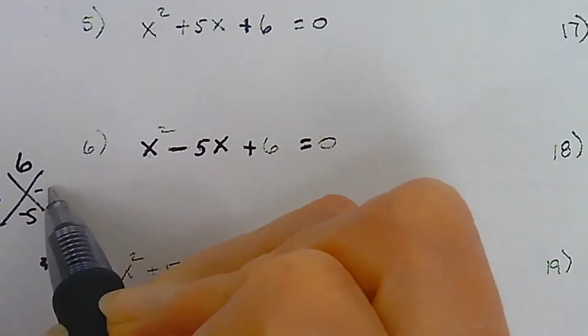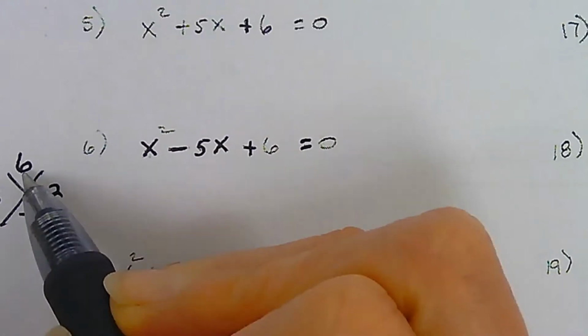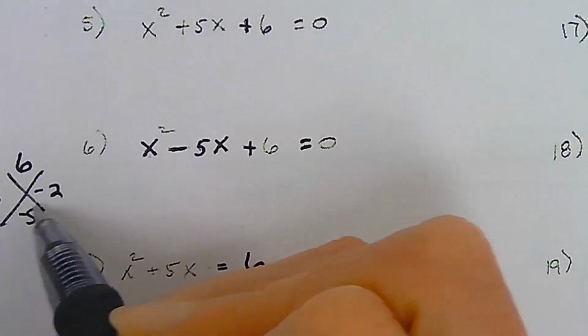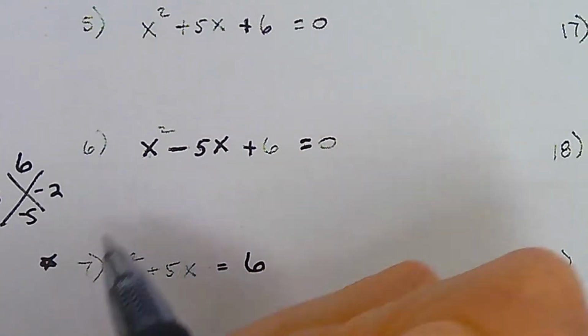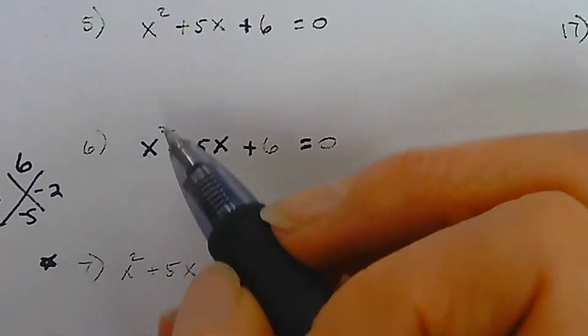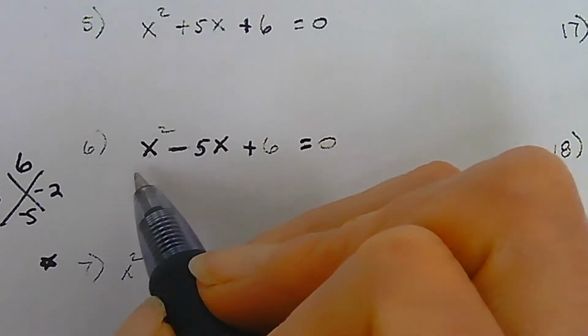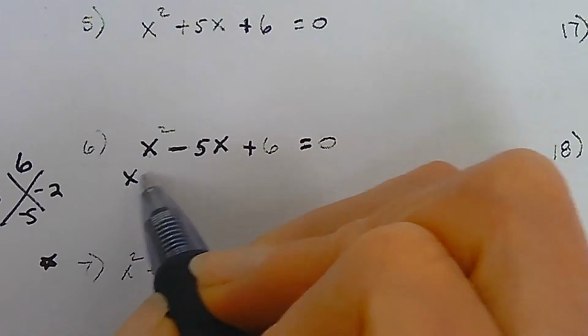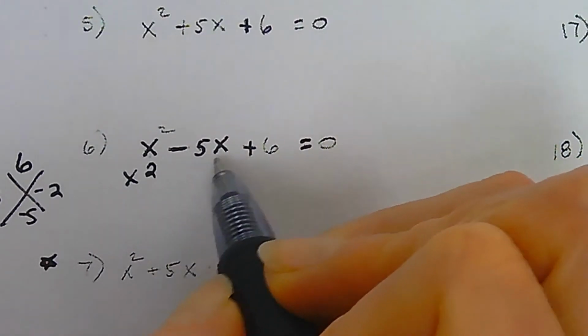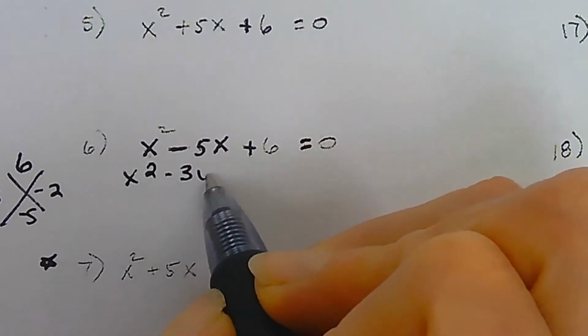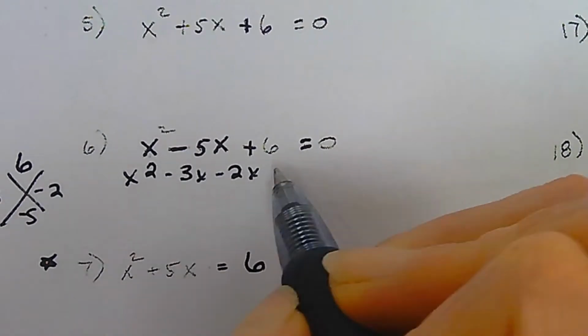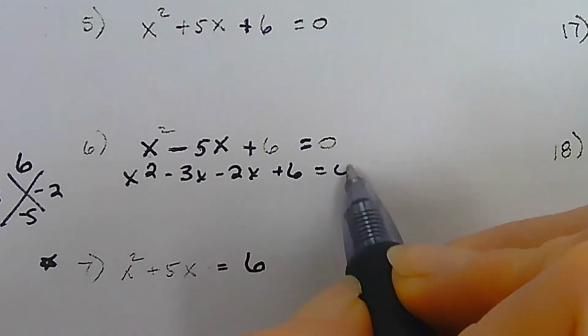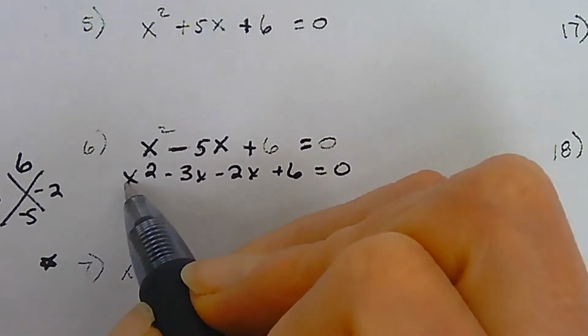Negative 3 times negative 2, when multiplied together, will become a positive 6, and when added together will be negative 5. I'll do this the long way again, just to be sure that you know how to do it either way. Copy the first term, then split this minus 5x between minus 3x, minus 2x, plus 6, equal to 0. Factor by grouping.